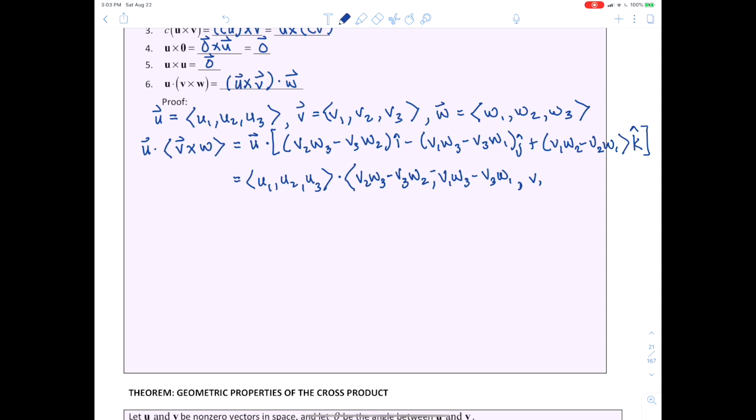So this would be negative and this would be positive, because of that negative on the outside. And then we'll have V1 W2 minus V2 W1.